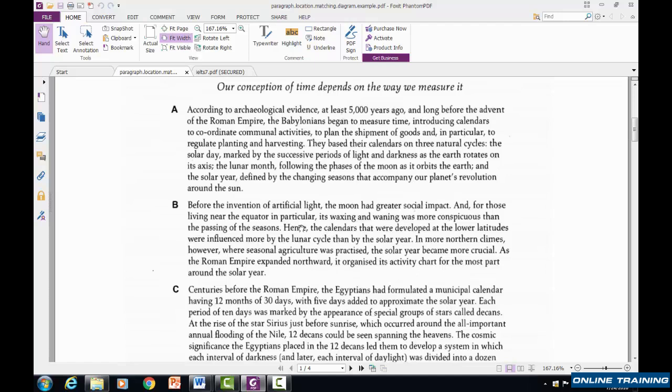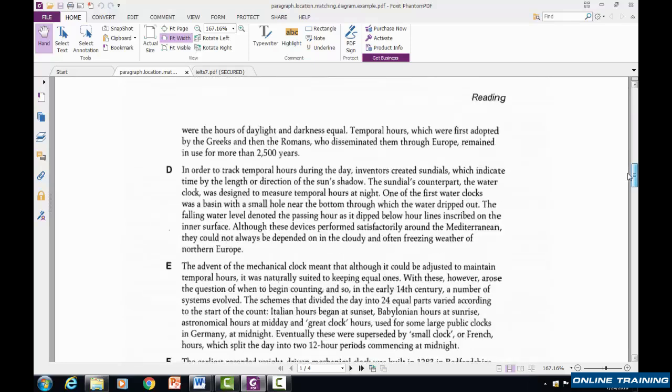I'm in the third sentence. It says, hence the calendars that were developed at the lower latitudes. Lower latitudes are talking about geography. And then the next sentence, in more northern climes, clime is short for climate. Again, we're talking about geography. And here we're talking about agriculture, which is farming. So paragraph B is the answer for number 2.